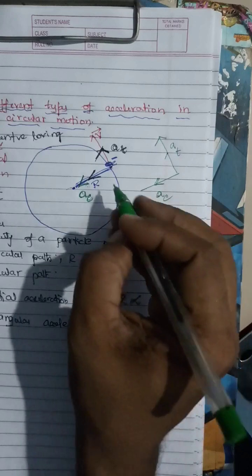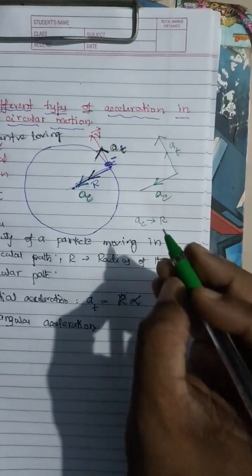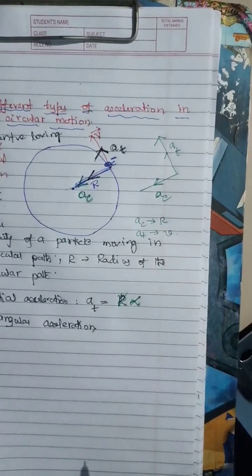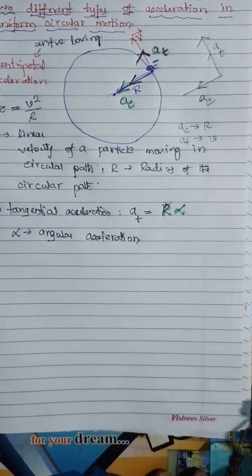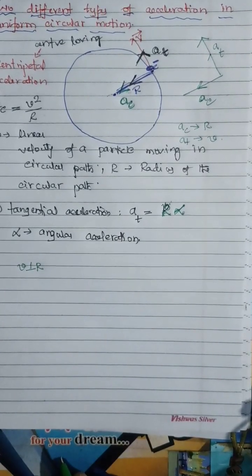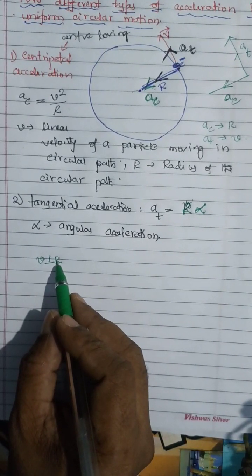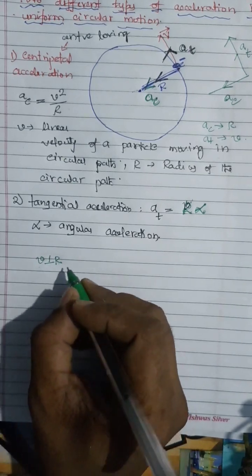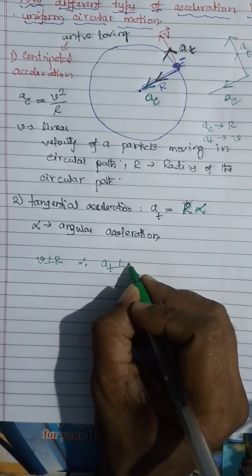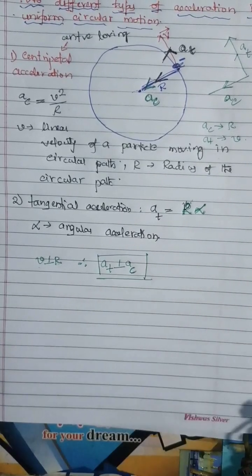Now you know that in case of circular motion, velocity is perpendicular to r. Since velocity along the tangent and radius are perpendicular to each other, therefore tangential acceleration is perpendicular to centripetal acceleration. This is one of the very important points we should remember.